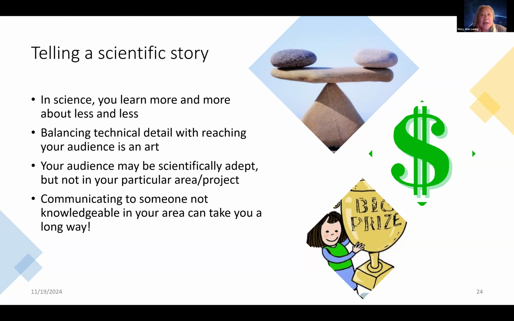Like, for example, my training and my degrees are all in chemistry. Well, within chemistry, there's analytical chemistry, there's organic chemistry, there's physical chemistry. So my sub area is physical chemistry. And then within physical chemistry, I did computational physical chemistry, so I used computers to do my work.